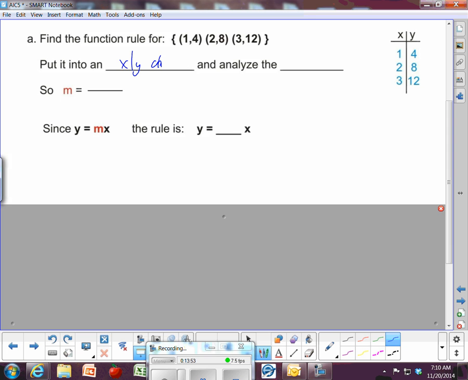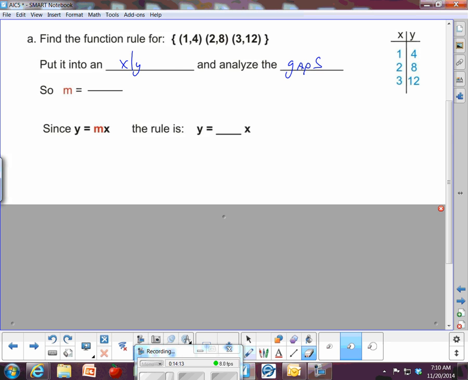All right, put it into an XY chart and analyze the gaps.